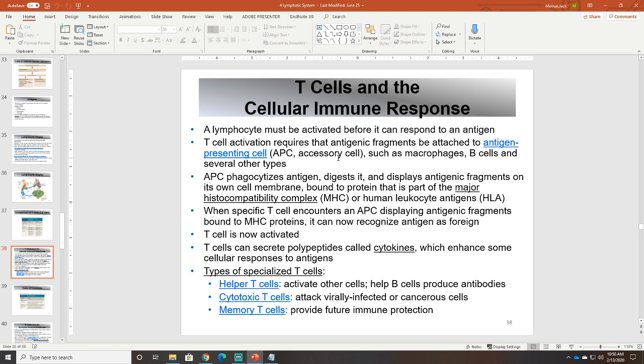An antigen presenting cell could be a macrophage, a B cell, or any number of other cell types that basically their job is to show antigens to T cells. They bring them to T cells and say, hey, look what I found, go investigate. The antigen presenting cell phagocytizes the antigen, basically engulfs it, digests it, and then sticks the antigen out on the surface of its own membrane.